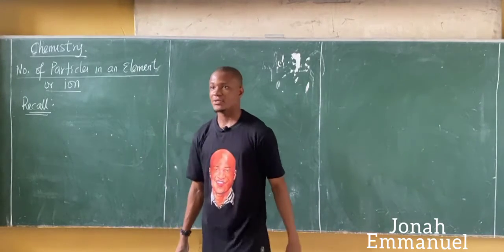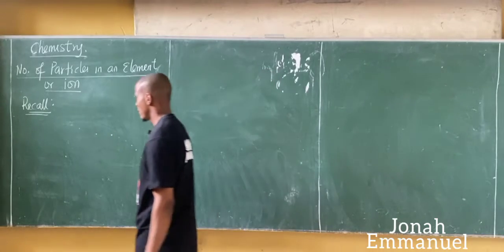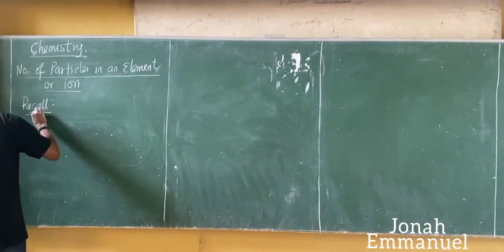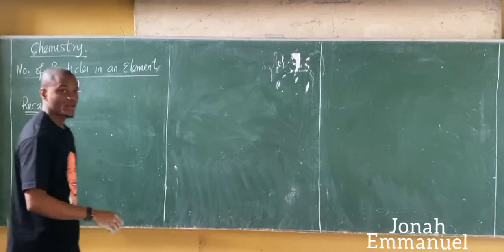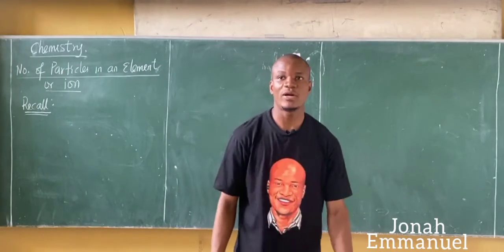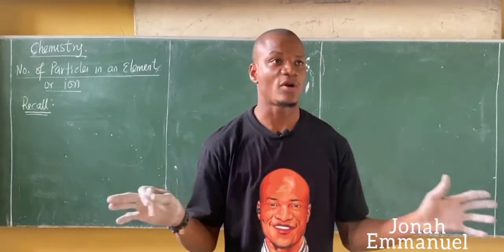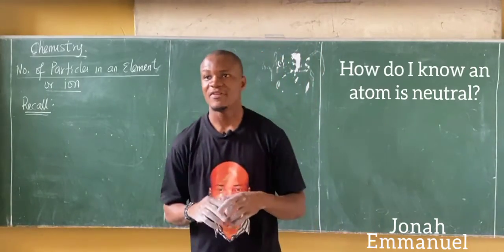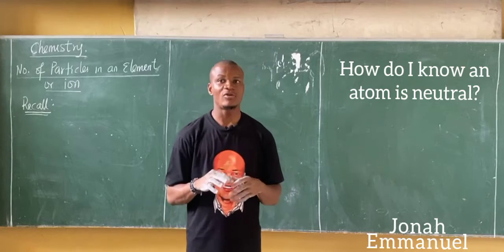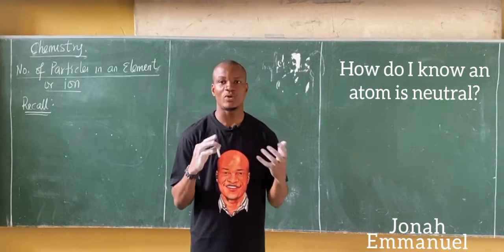Let's have a look at this. Let's start with this. The question is this: how do I know that an atom is neutral? If I'm given an atom, how do I know it's neutral? What do I look out for?